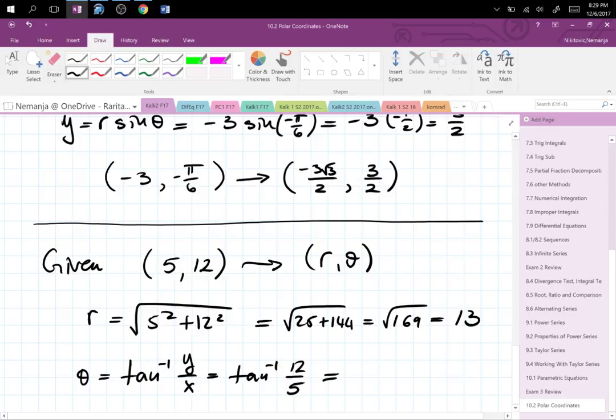Now, change your calculator to radians or degrees and make sure you use the units. I don't care whether you use degrees or radians. Those of you who are engineers are probably going to use degrees, and those of you who are mathematicians are going to use radians.